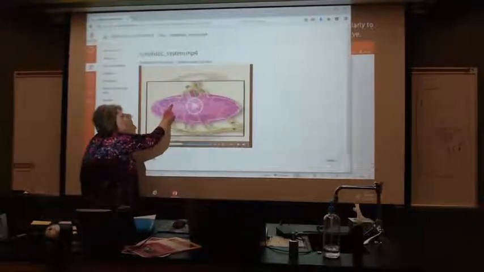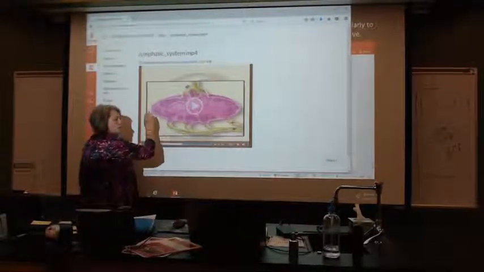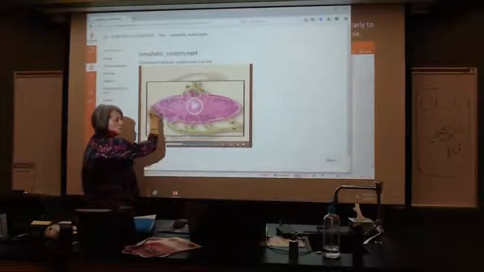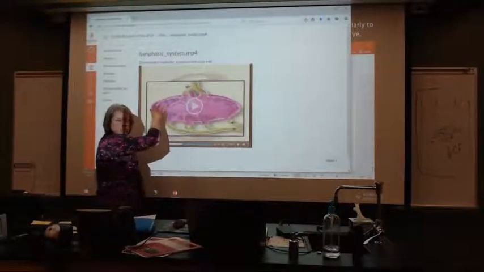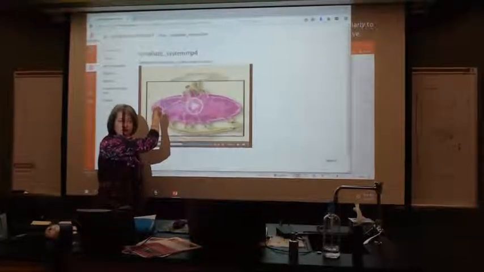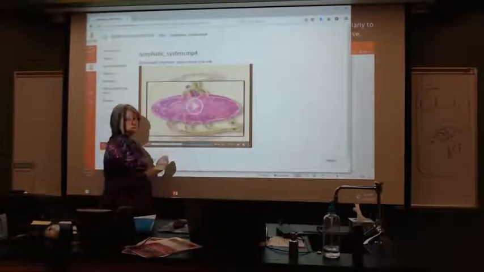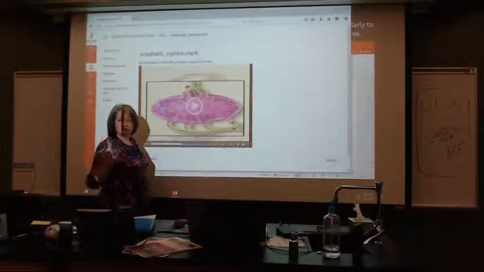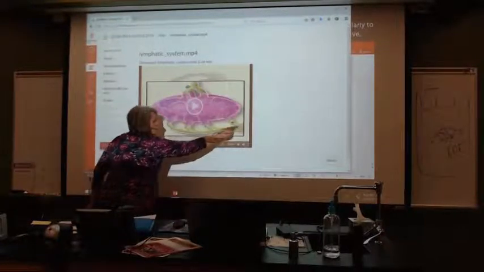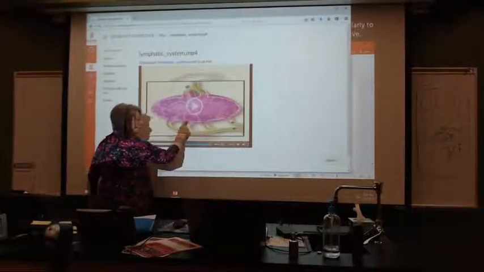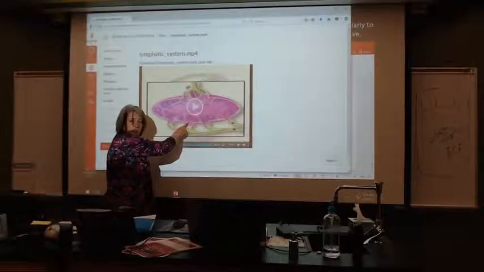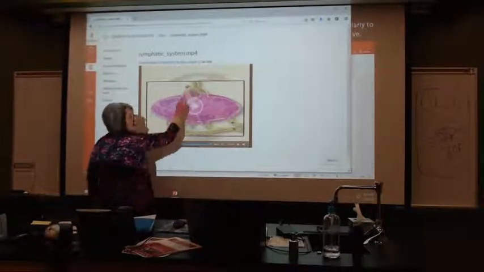And then if you notice, it showed little prickly cells or prickly stuff showing up in the lymph node, and then going back out. Now, something else to note: there are multiple entries into the lymph node, but only one exit.